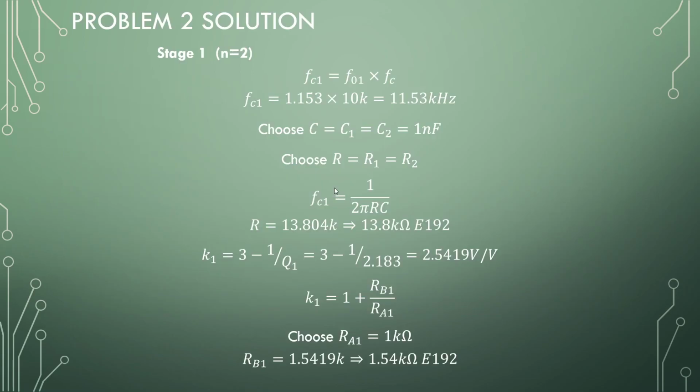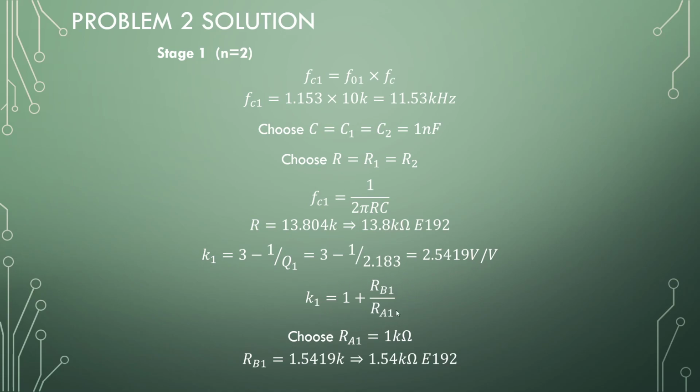stage design. So for the first stage, we take our design frequency and we multiply it with a table value and we get 11.53 kilohertz. Choose our capacitors at 1 nanofarads, our resistors to be the same, and we get 13.8 kilo ohms for our first stage. We calculate the gain using the Q factor, and the gain is 2.5419 volts per volt.